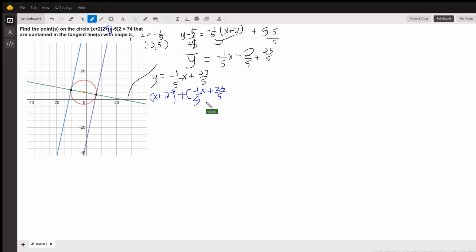So this is really y, and then it's still minus 5. And then we have to square that. And all of that equals 74.